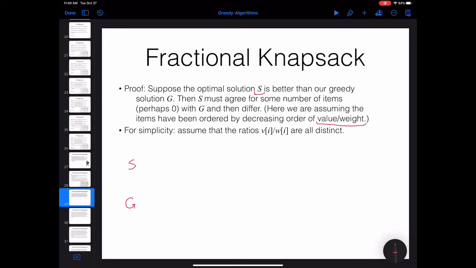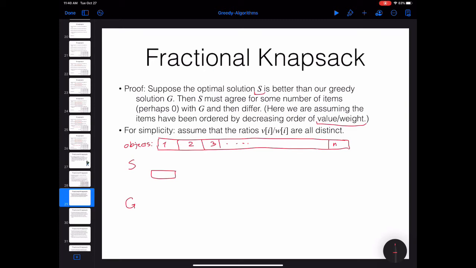I'm just trying to give some organization, some structure, to the solution: object 1, object 2, object 3, until object, for example, N.